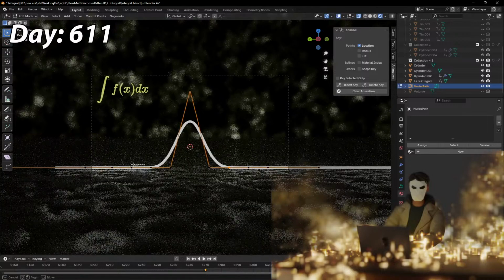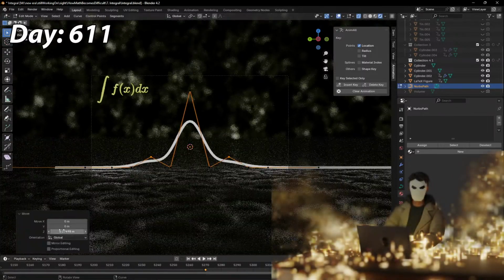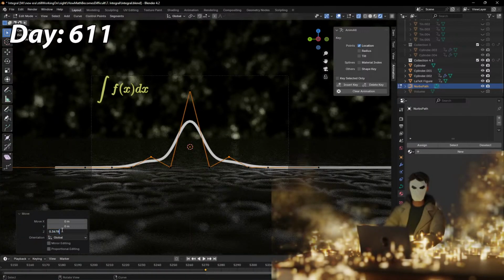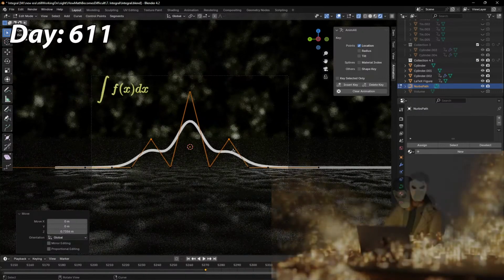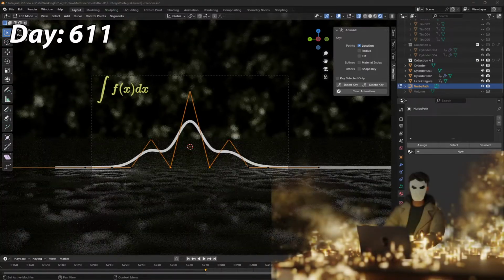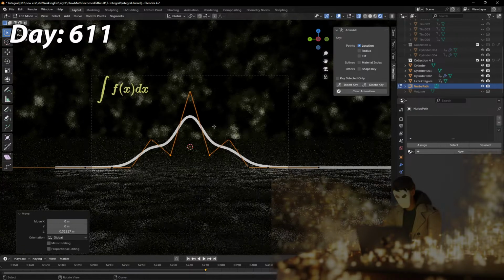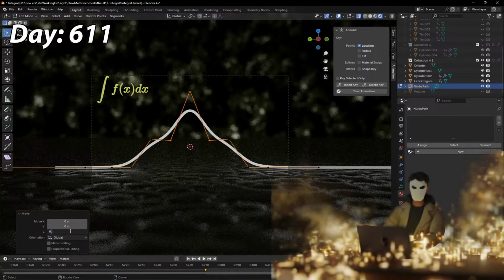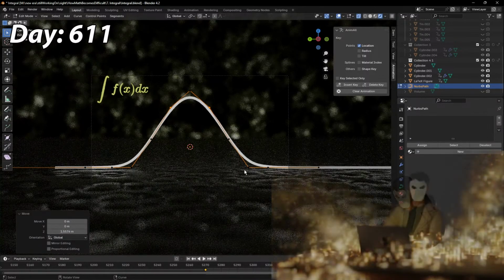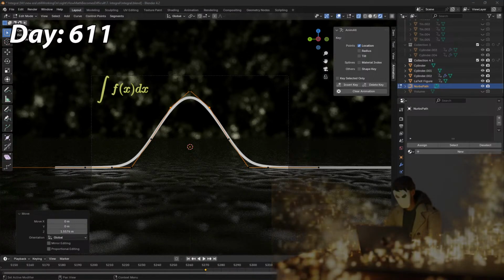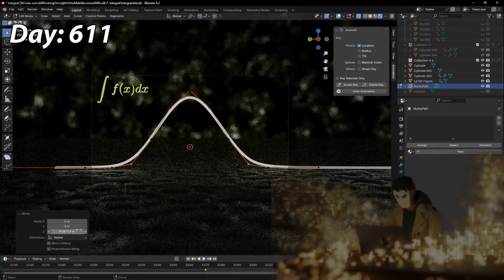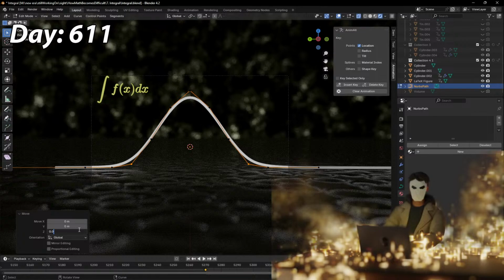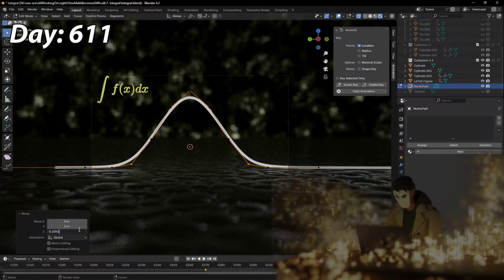So both of these we want to go up by 0.3678 times 2. There we go. Now both of these need 0.7788007 times 2. There we go. Now we're getting somewhere. And then 0.05399 times 2.